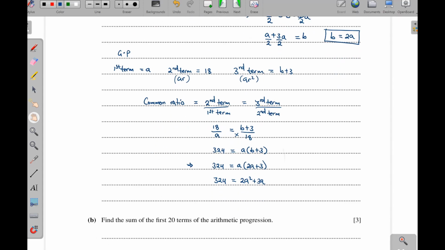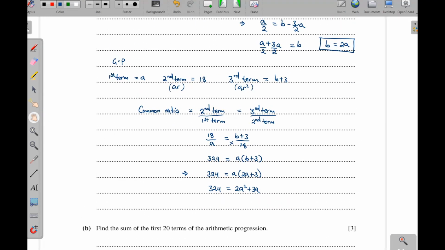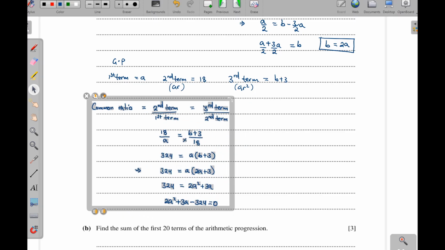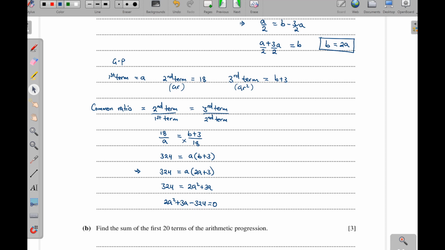So the quadratic equation that is coming from here is going to be 2A squared plus 3A, then you take this on this side, it becomes minus 324, which is equal to 0. Let me extend this one here, like that. So this is a quadratic in A. Now we are going to solve this one using the calculator to see whether it is factorizable.